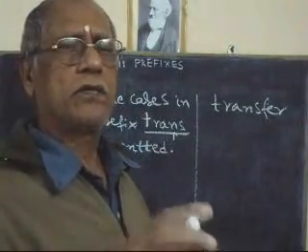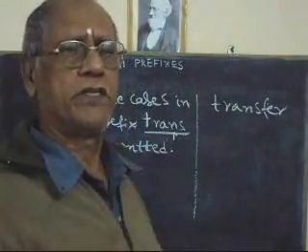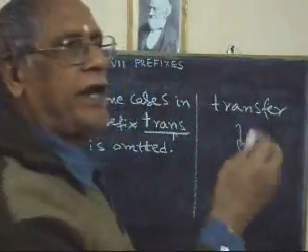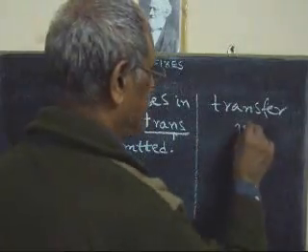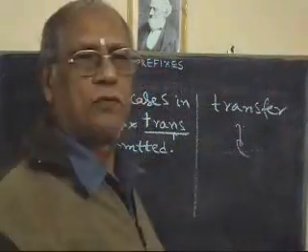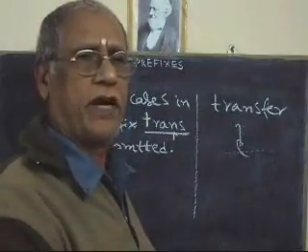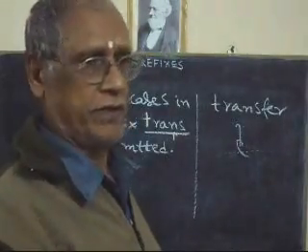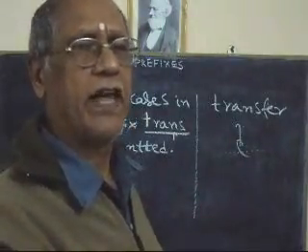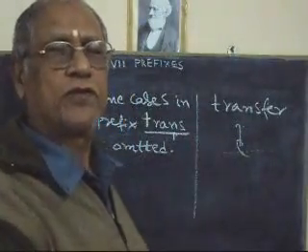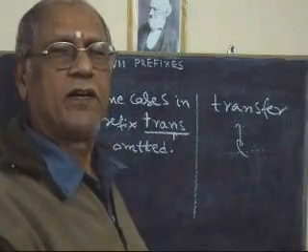When that sound is lightly pronounced, we omit it. We write tra. N is omitted. Transfer. N is very slightly pronounced.